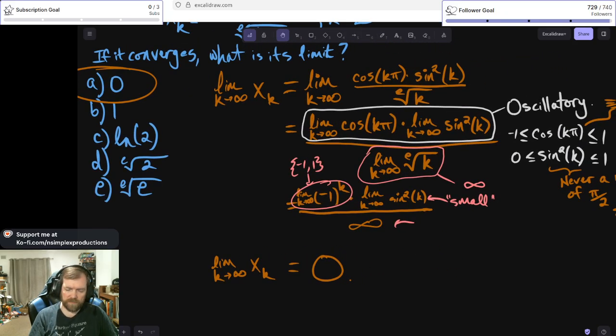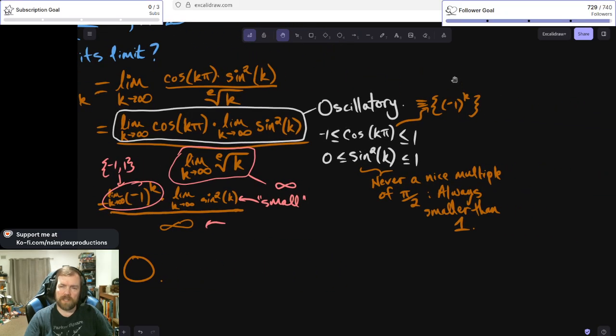So just think about the future values that we're going to get out of these things. What could we possibly get out of a cosine function, right? Cosine of k pi. Again, that's going to get us stuff that's between -1 and 1. Which stuff? Well, since k pi is always going to be a nice multiple of pi, our cosines are either going to be a -1 or a +1. And that's it.